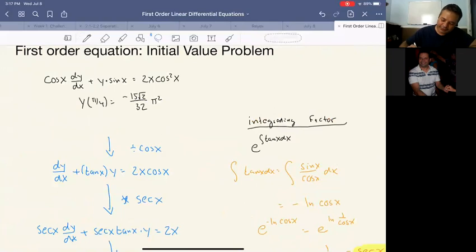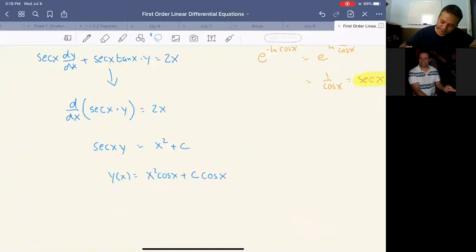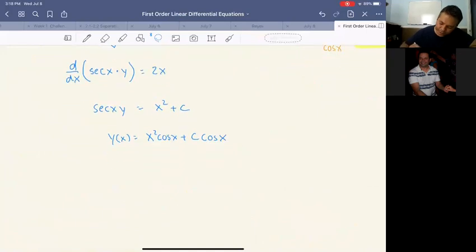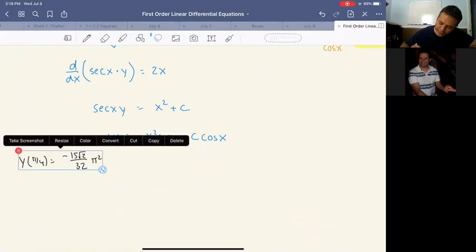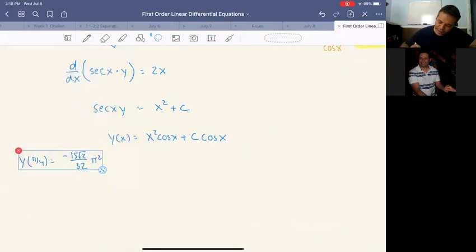Let's copy that and bring it down. So there's our initial condition.